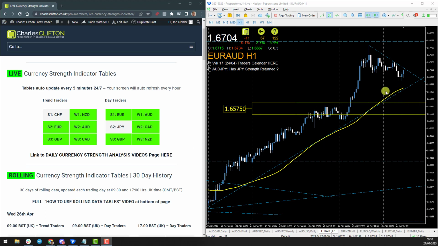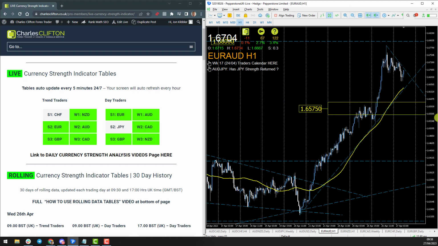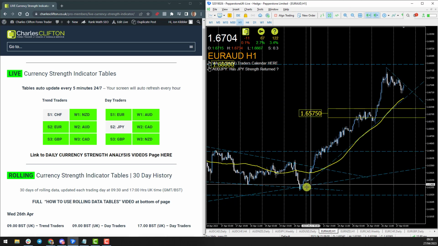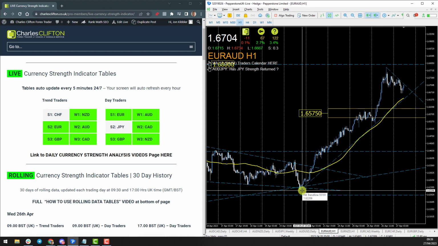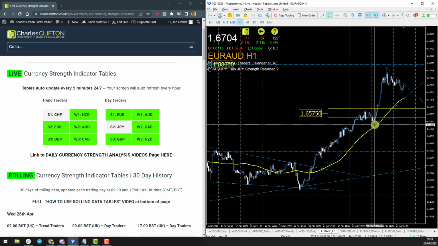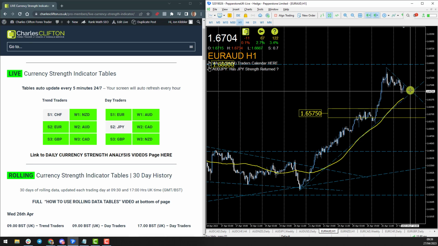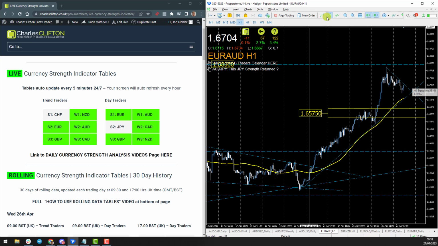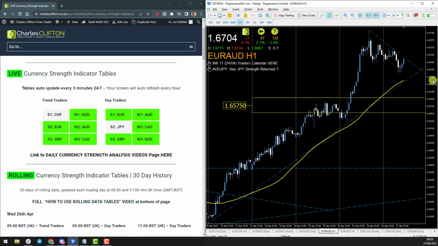Alternatively, looking at this hourly time frame, you can see I've got a trend line running through here. If I zoom out slightly, I've got a trend line which comes down from these lows on the 20th of April. It touches in at the lows on the 26th of April, and it then spans out higher. So I'm watching this area here as a potential retest area.